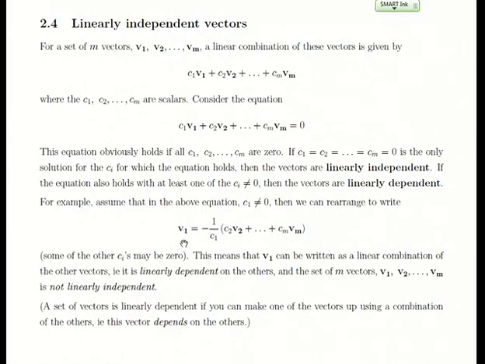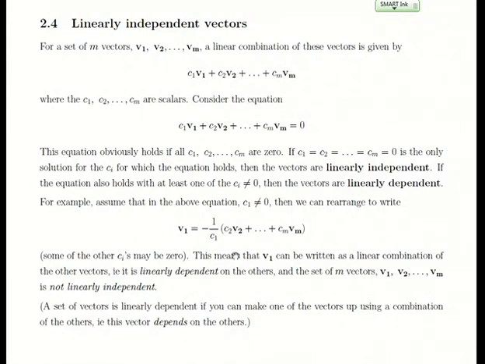And you can see if I do that, I can write V1 as a function of all these other vectors, so it's depending on those. So if there's at least one of the C's that's not 0, I can write this vector so that it depends on the others. And if it depends on the others, then the whole bunch of them together are called linearly dependent because it's depending on the others.